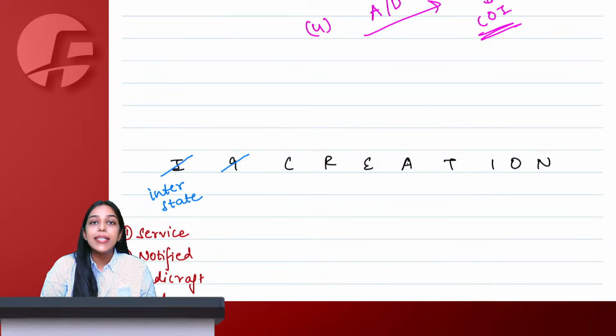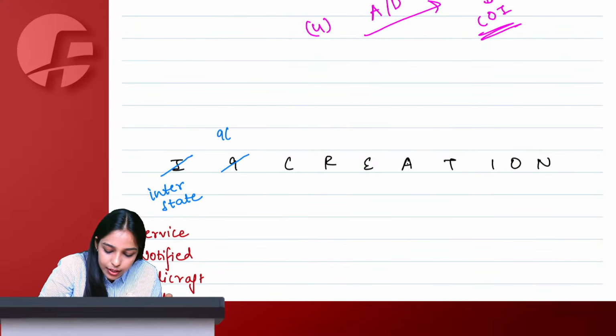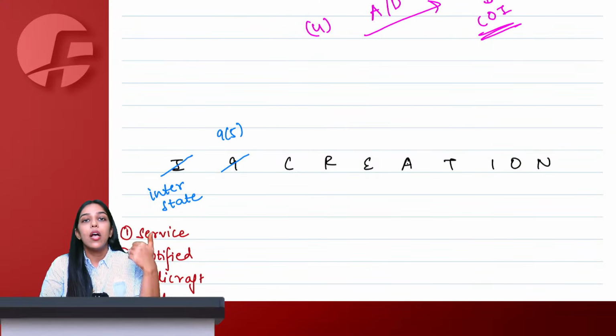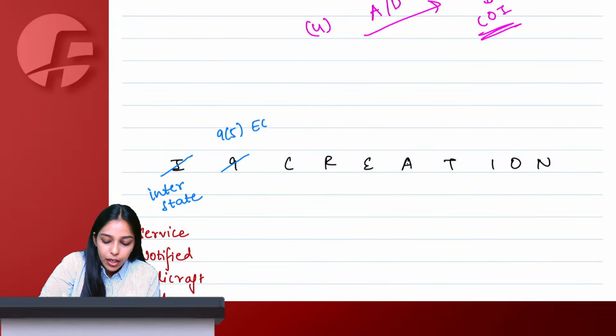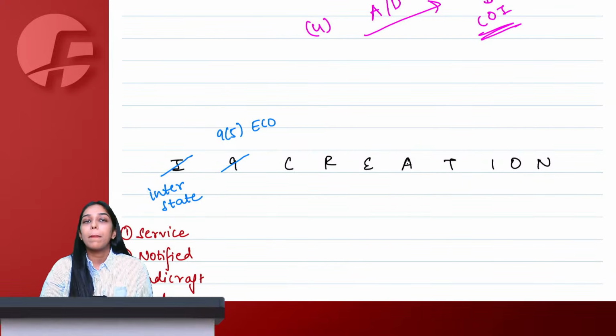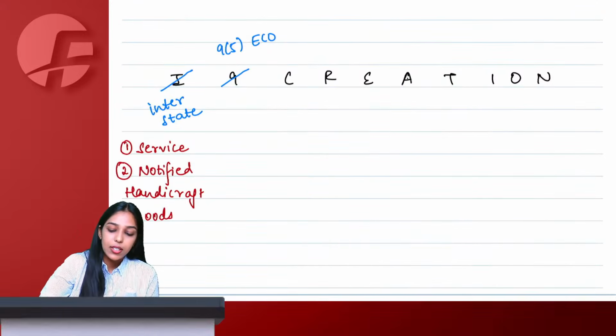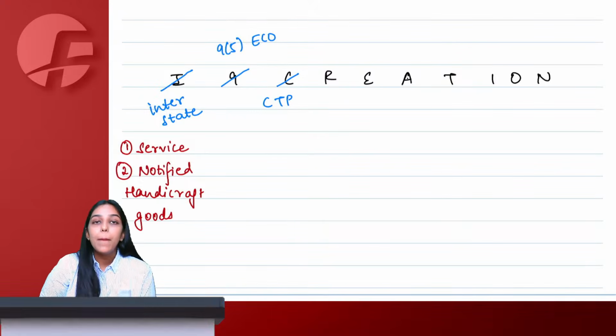9 means all the e-commerce operators liable under Section 9(5), which means Ola, Uber, Zomato, Swiggy, Oyo, Trivago, Urban Clap. All of these e-commerce operators who have to collect and pay GST to the government under Section 9(5) will take compulsory registration under GST. C means casual taxable person.